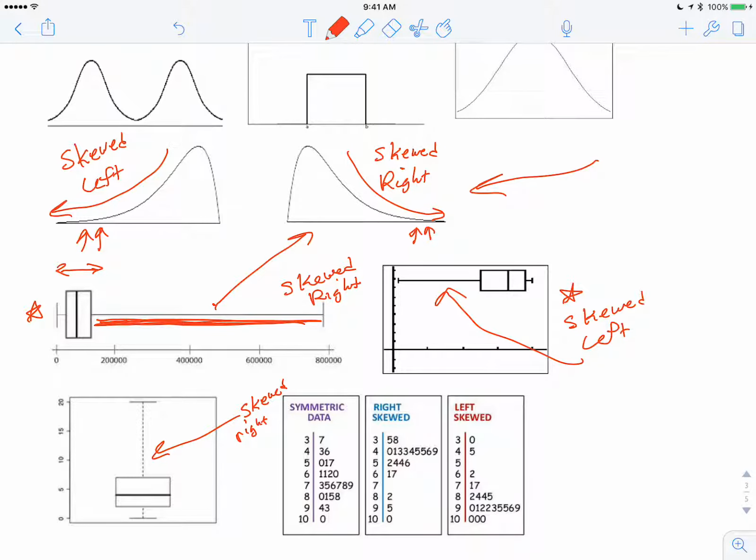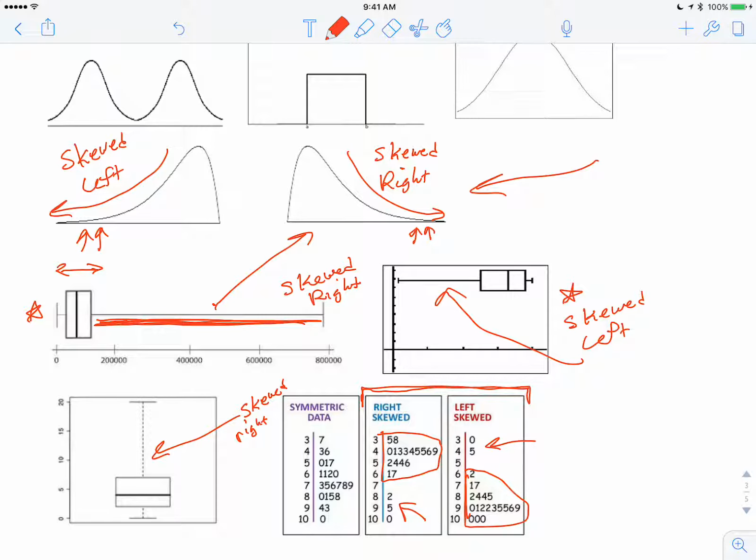And then they show you the two kinds of skew right here with stem plots, if you'll notice. Big chunk of the data here for right skewed, right in the beginning, and then left skewed, big chunk of the data with the bigger numbers, and then a little bit of data here. Where I'm pointing these arrows to in the stem plots, that's where that big long line is in the box plot, and the big tails up there in the curves.